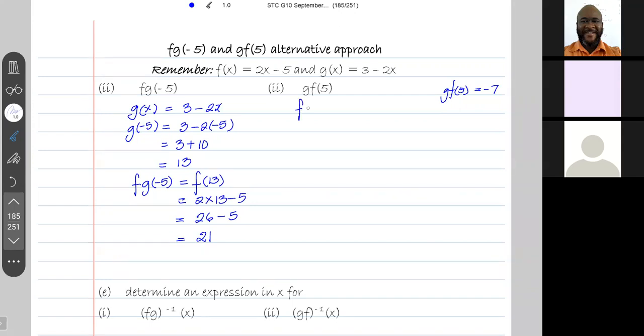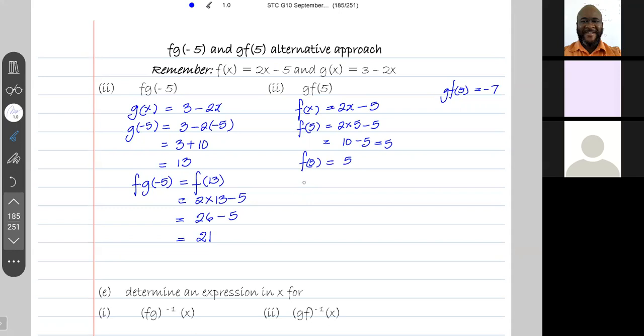So f of x is 2x minus 5, and we need to find f of 5. This is 2 times 5 minus 5. This is 10 minus 5, which is 5. So therefore, f of 5 is equal to 5.